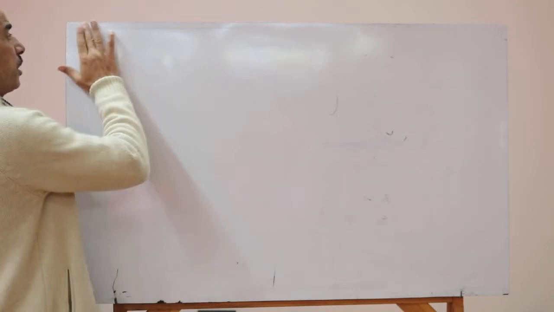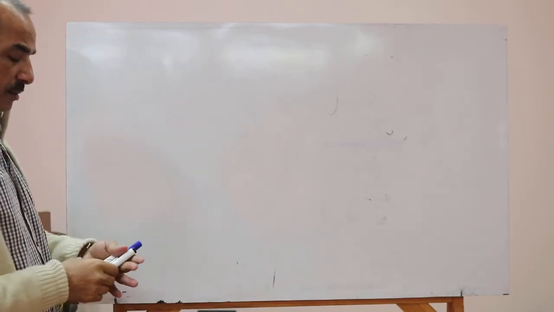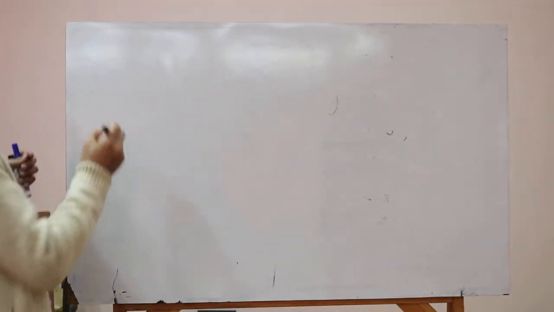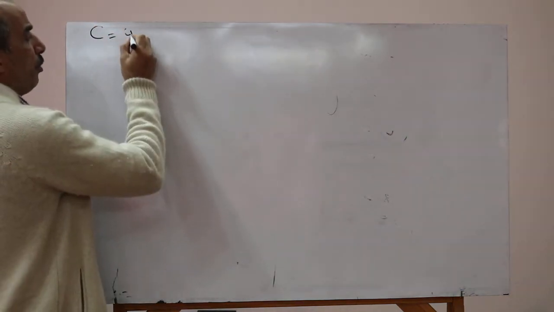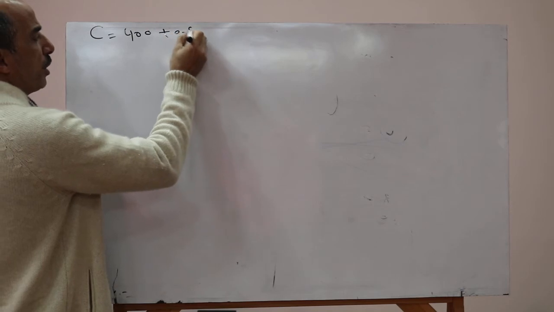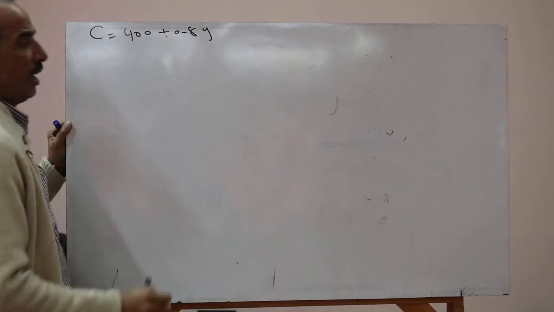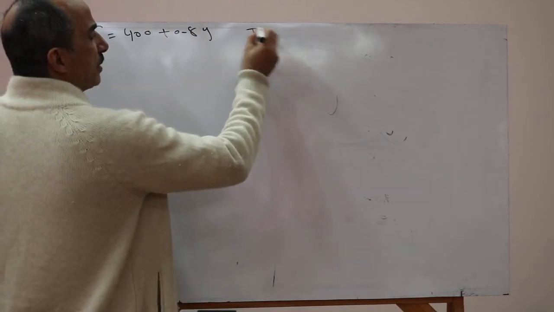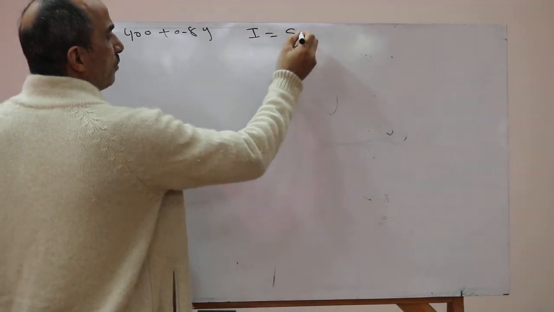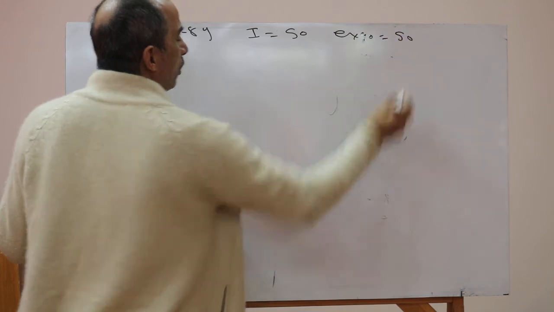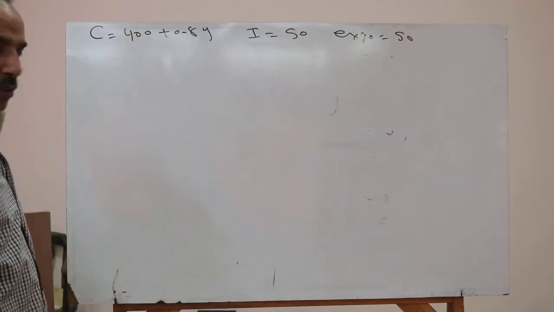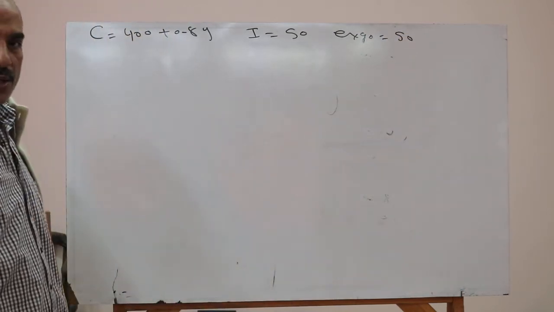Okay. Once we have consumption equal to 400 plus 0.8y, investment equal to 15, and government expenditure equal to 15, what is required? The national income.